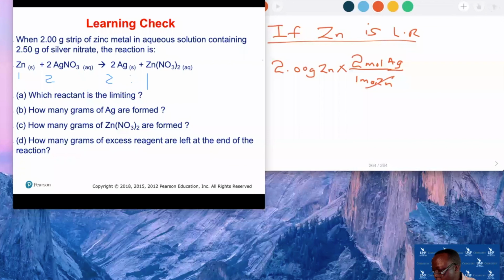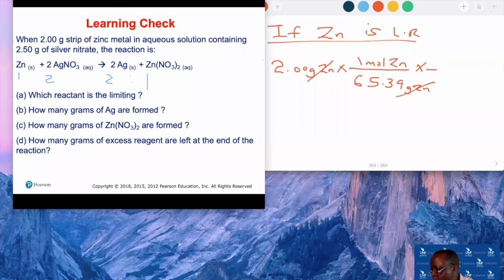Sorry about that, I'm just plugging in. It's not going to work. You have to change the given grams to moles using the molar mass of zinc, 65.39. I'm using the atomic mass of zinc to find the number of moles of zinc. Up to this point, I have determined the number of moles of zinc in 2 grams.